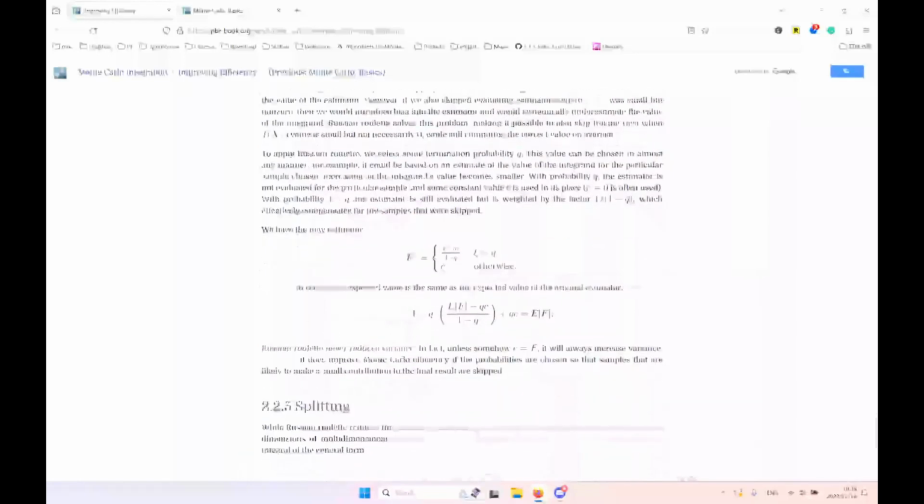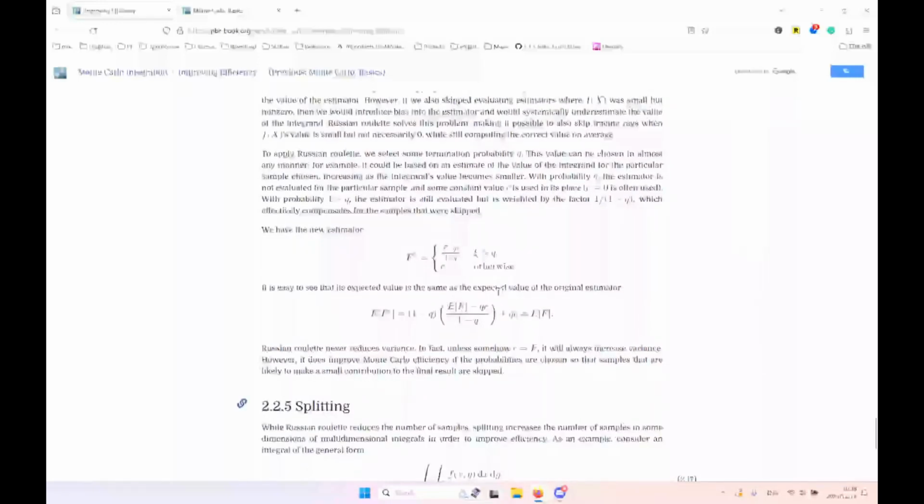And yeah, we have the new estimator like this, which if we calculate its expectation, it's the same, so that's okay.